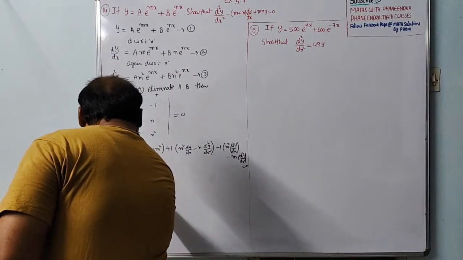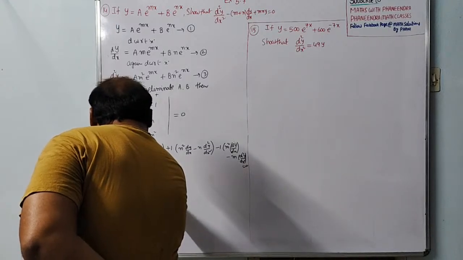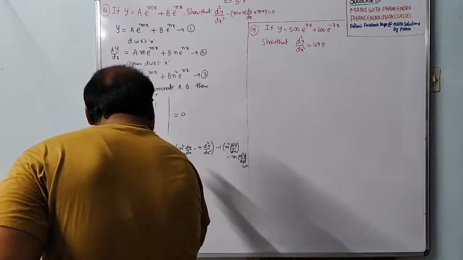So y into mn, if you take common, here n minus m will be there.